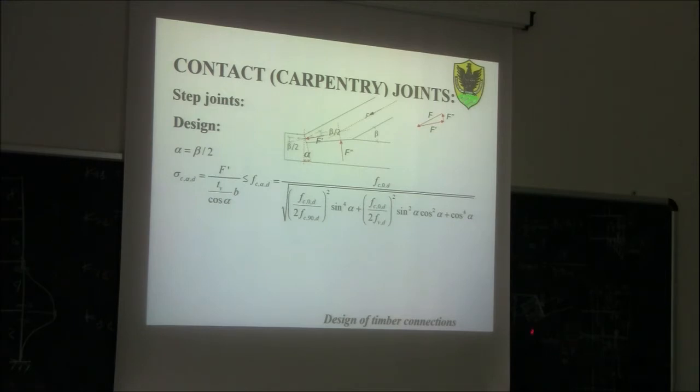What do we need to compare this stress with? We need to compare this stress with the compression strength of timber at an angle to the grain. Which angle to the grain? Well, the grain in the tie is horizontal. So this is the grain in the tie.